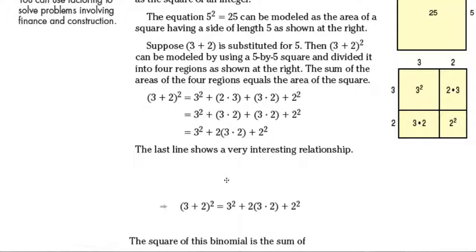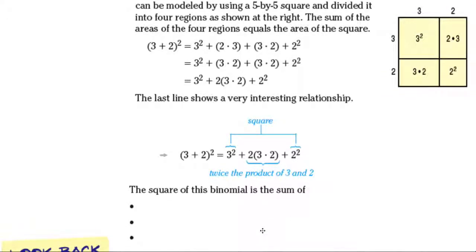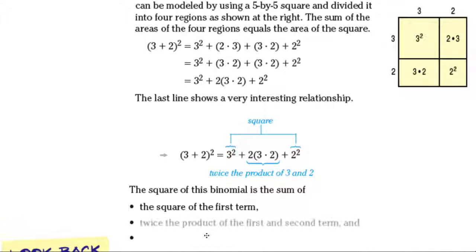The first term and the last term are both squares, and the middle term is twice the product of 3 and 2. So using this model, the square of this binomial is the sum of the square of the first term, twice the product of the first and the second term, and finally the square of the second term.